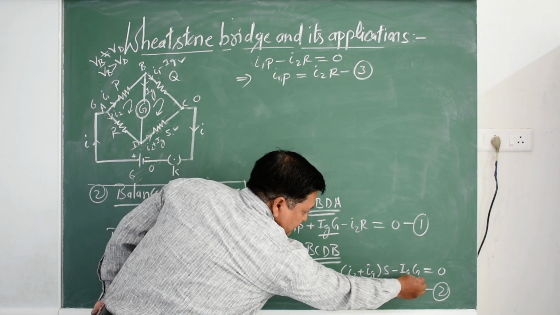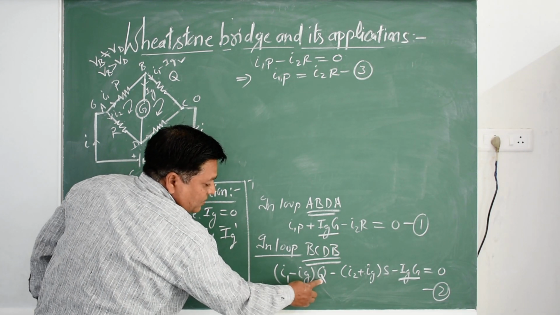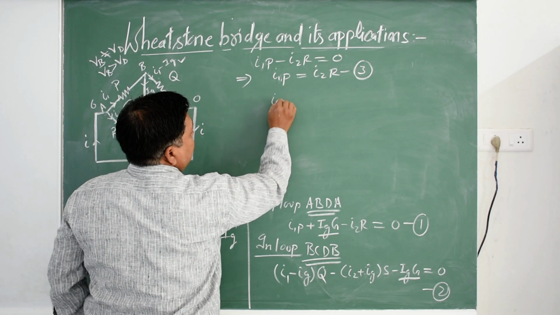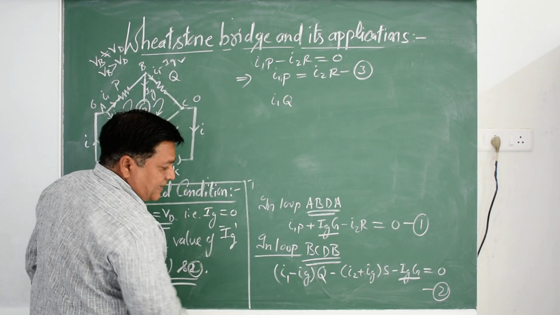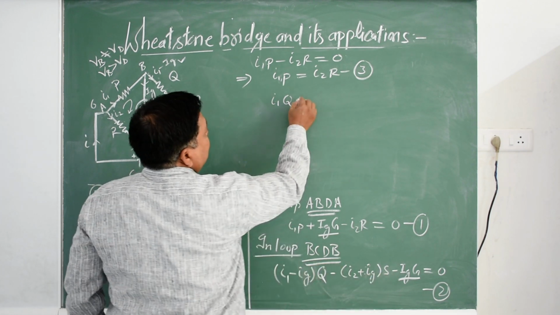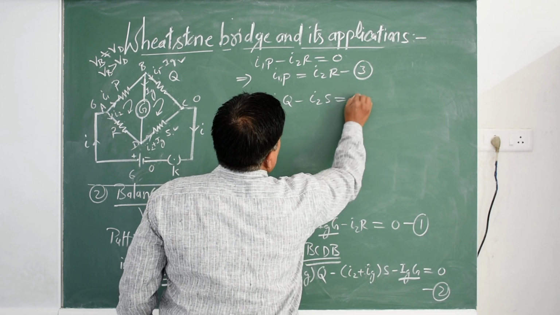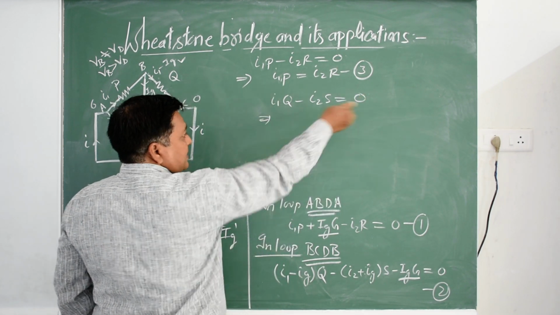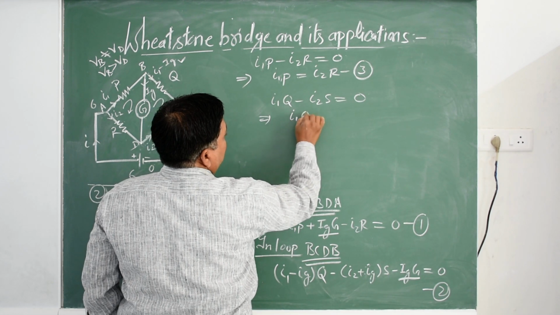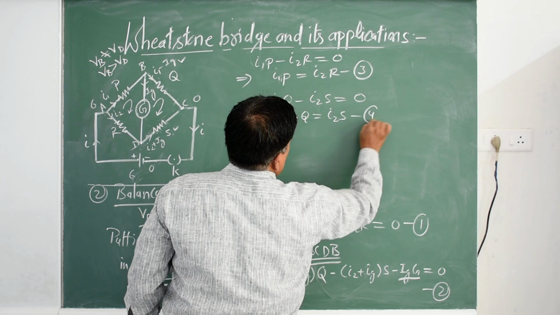If we transpose it, we get I1 Q is equal to I2 S. This is equation number 4.